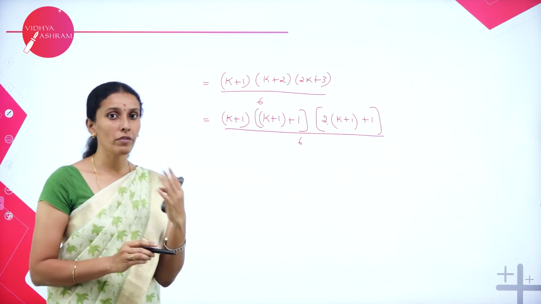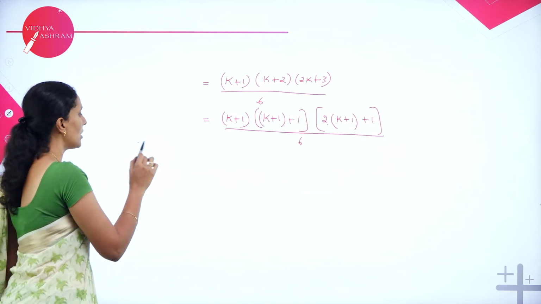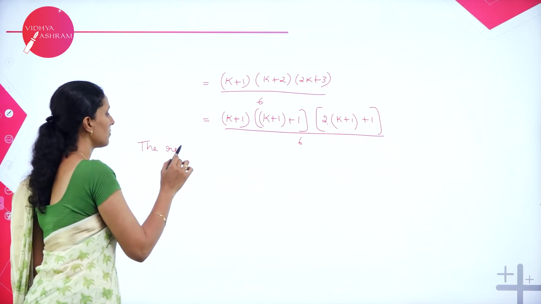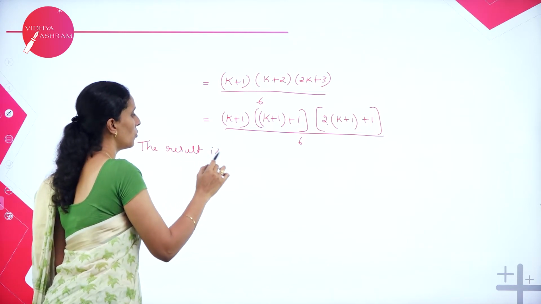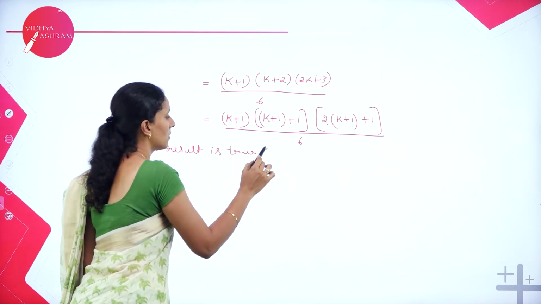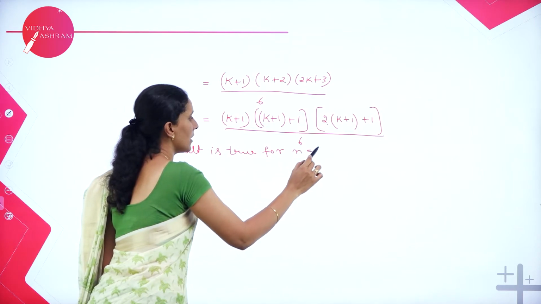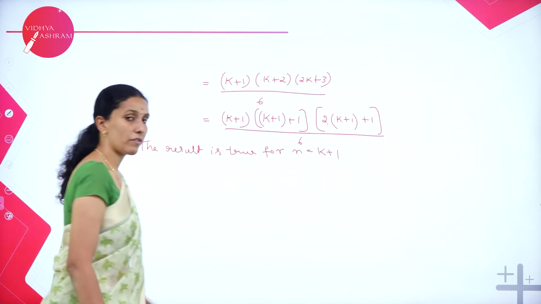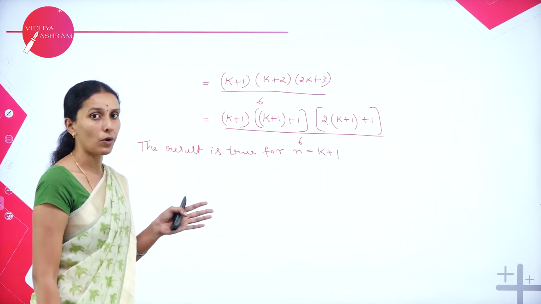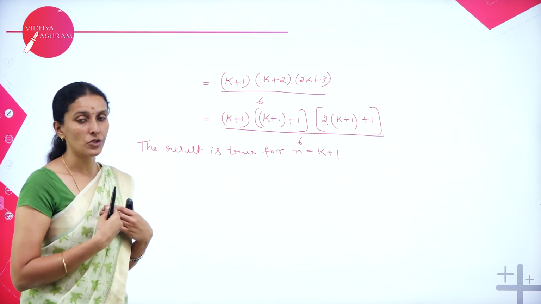So what can we conclude? The result is true for n is equal to k plus 1. So if the result is also true for n is equal to k plus 1, my assumption is also true.